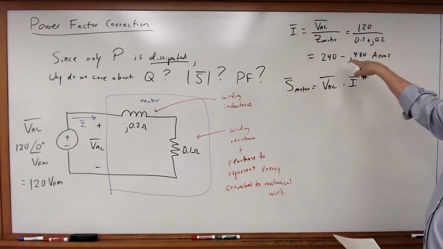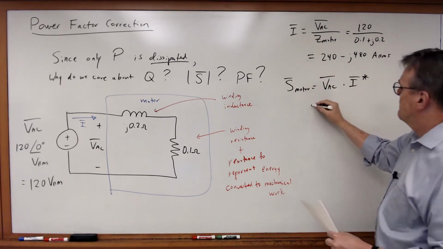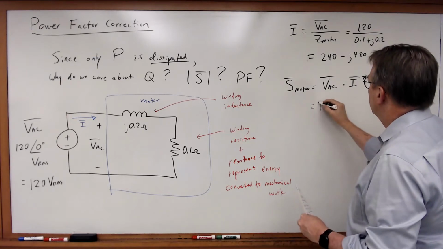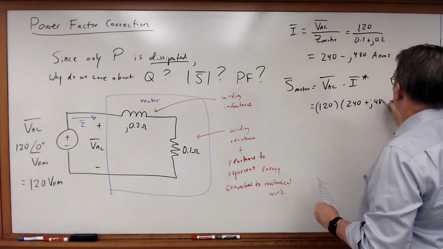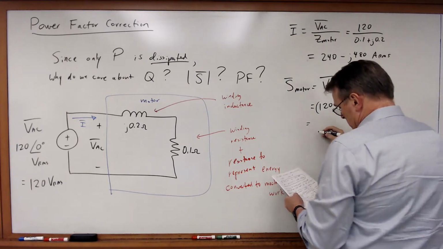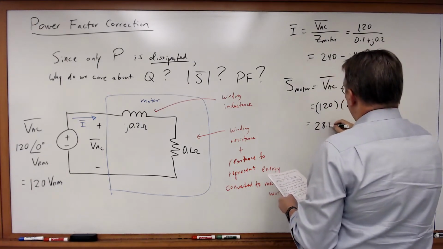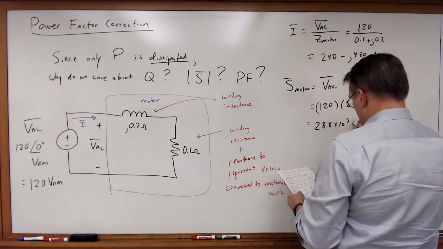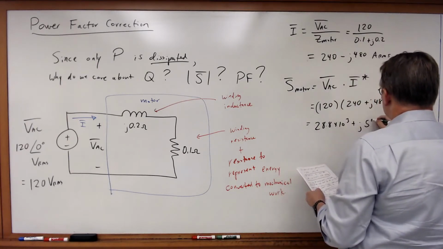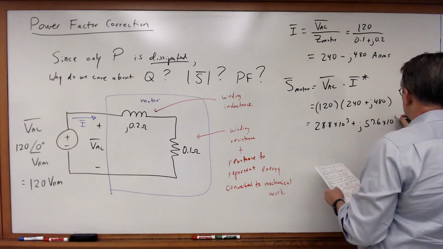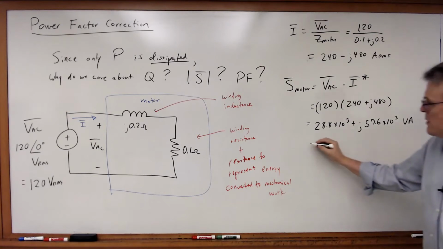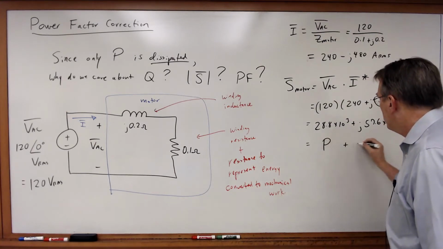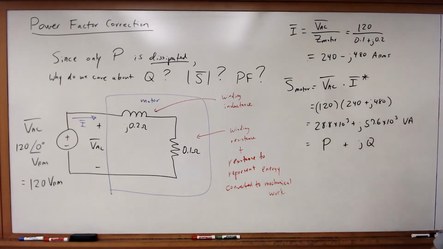And if I take the complex conjugate, then I'm going to get 120 times (240 plus j480), which will be equal to 28.8 times 10 to the third plus j times 57.6 times 10 to the third volt amperes, which is equal to P plus jQ.